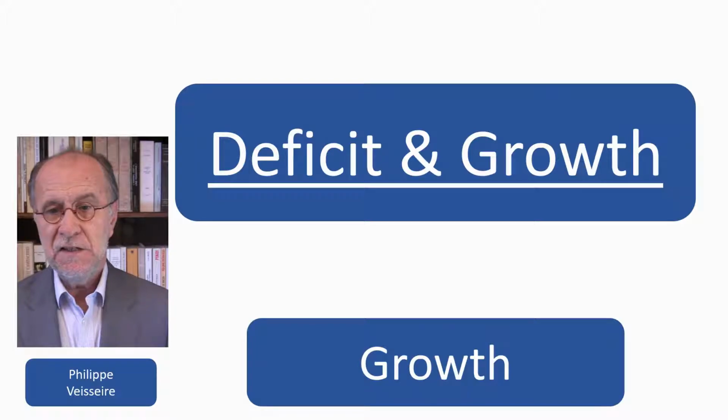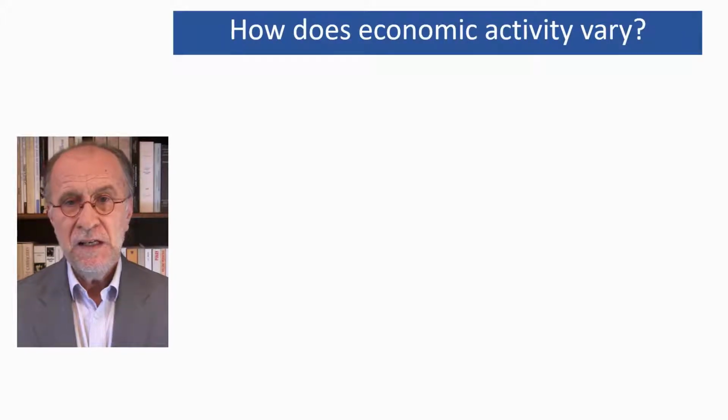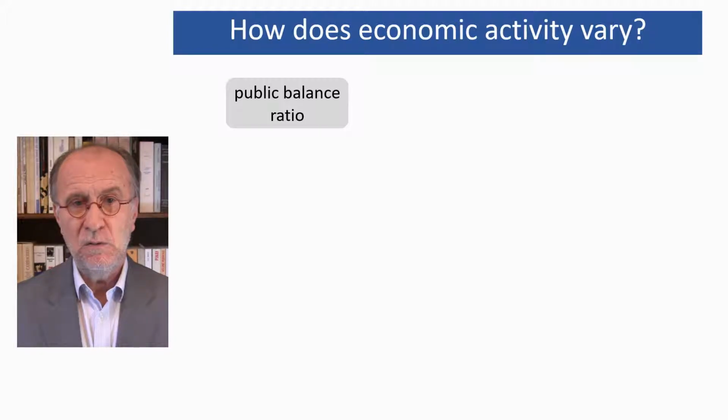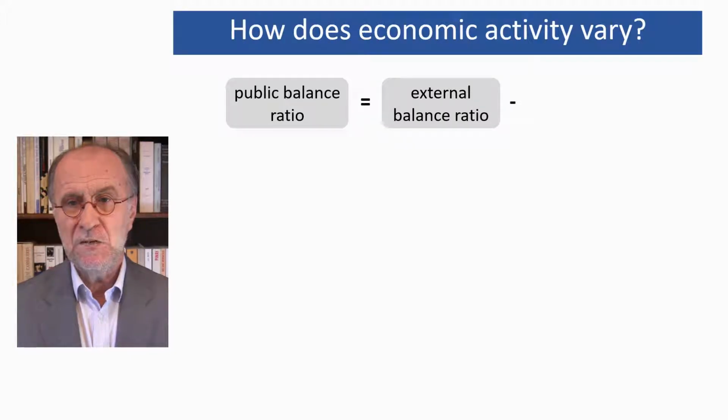So, is growth always the best way to reduce the public deficit? How does economic activity vary? In the deficit video it was shown that public balance ratio equals external balance ratio minus private sector balance ratio, which I called pure private savings ratio.